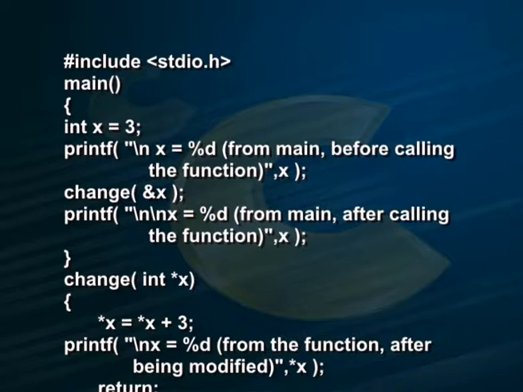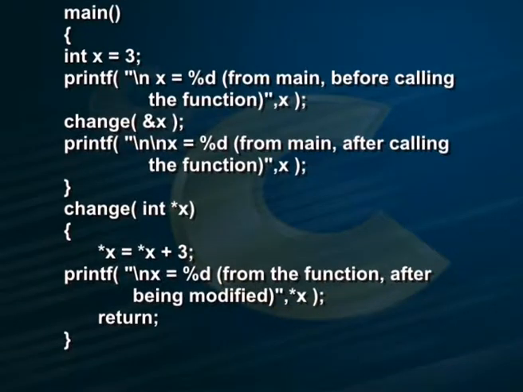Within the function change, we receive the address of x in *x, a pointer variable, then alter the value of x using the pointer, *x = *x + 3, and print the x from the function after being modified, then return.